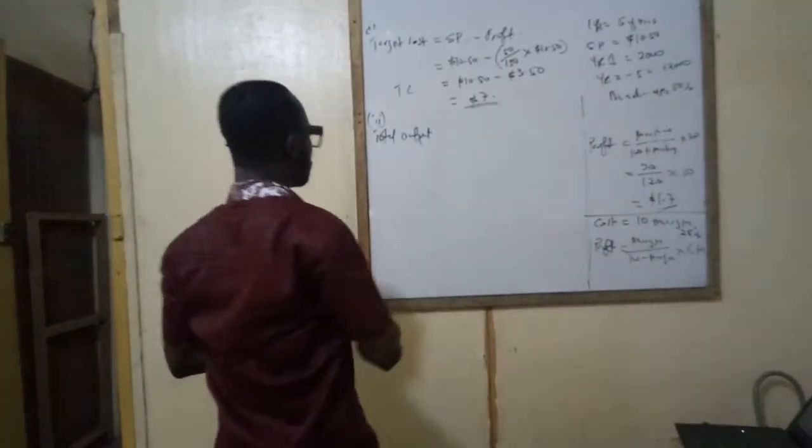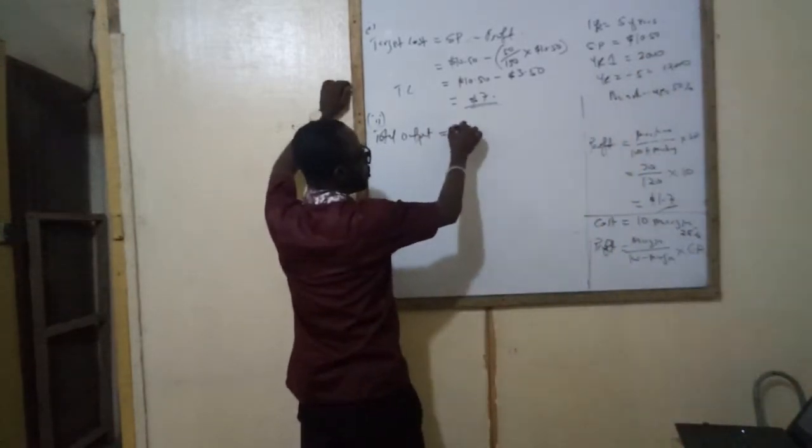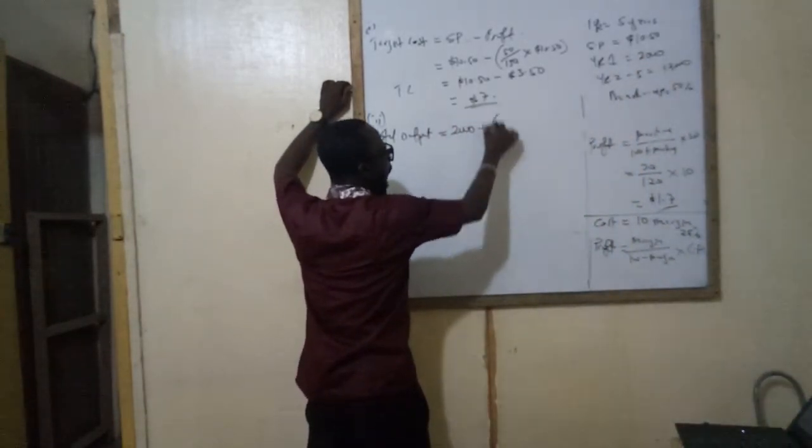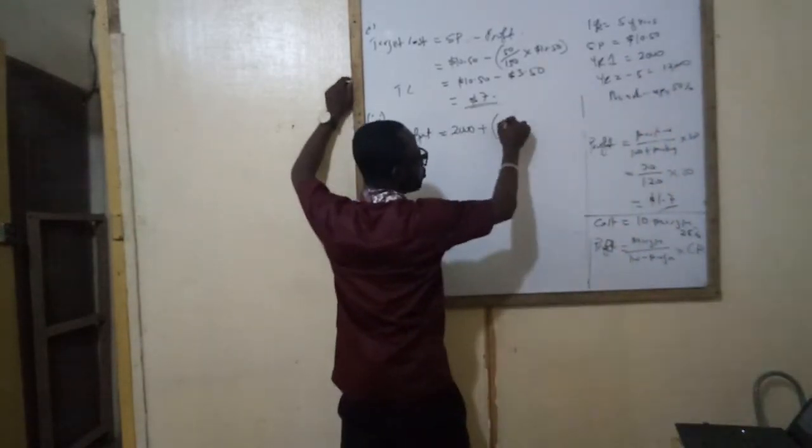Total output: in the first year, we are told we are going to produce 2,000 units. After that, we will produce how many? 12,000.